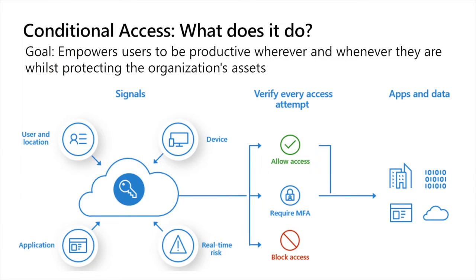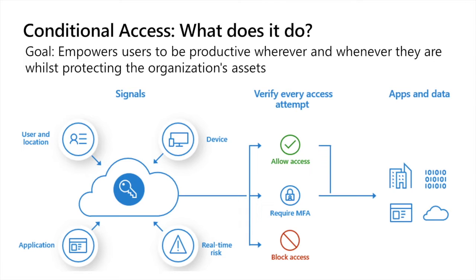Conditional access, as I said, gathers signals. For example, the user's location, the application that the user's using. It looks at the user's device. Is the user's device registered in Azure Active Directory? Are you managing it, for example, with Microsoft Endpoint Manager, which used to be known as Intune?